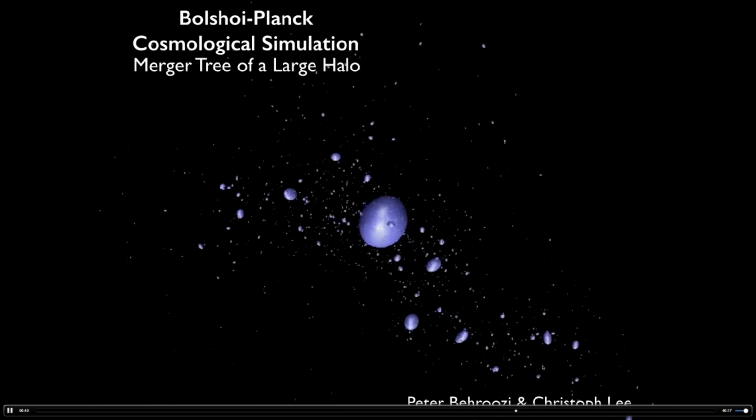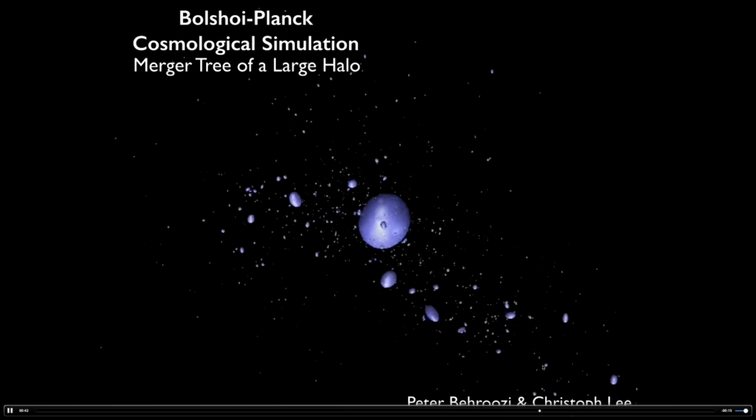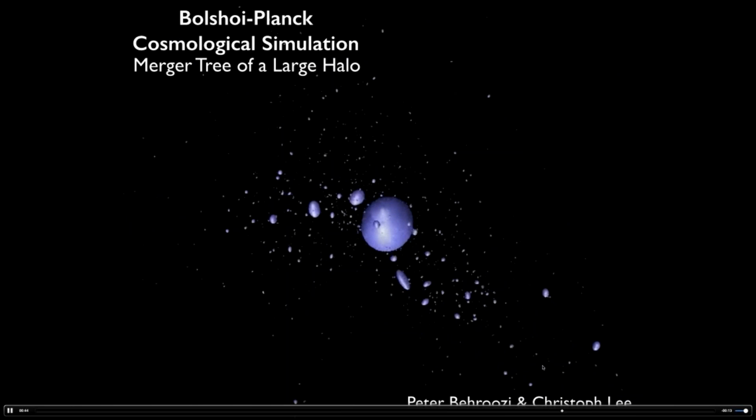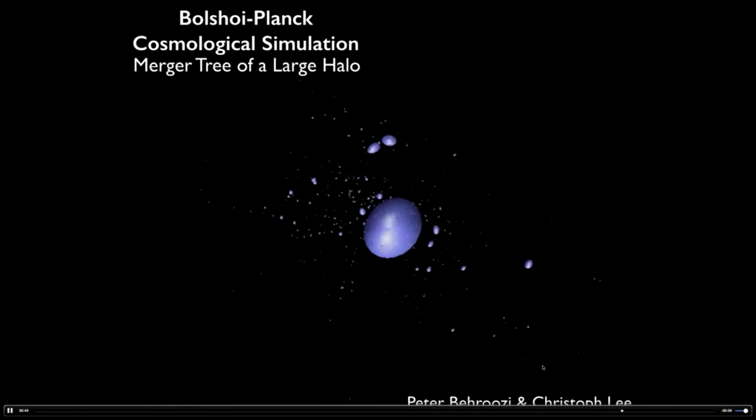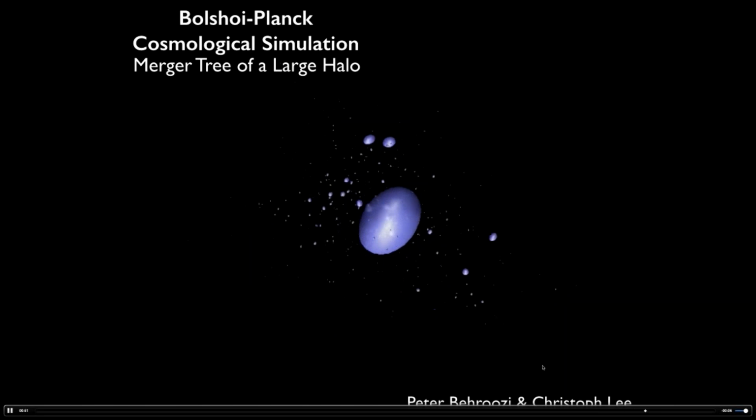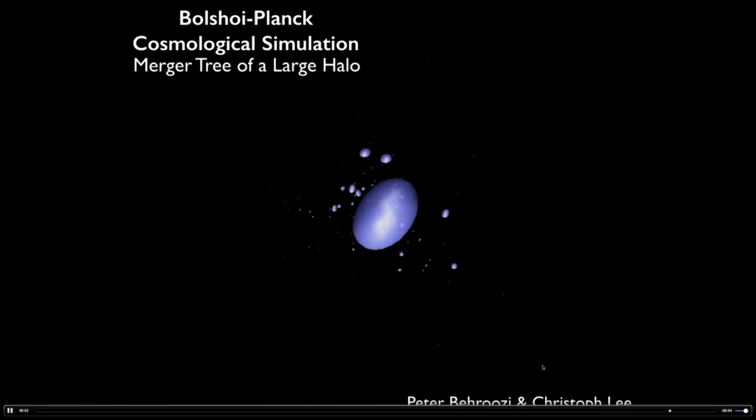And the more massive halos are often quite elongated. We keep track of the halos even after they become subhalos, but we're only showing the halos that are distinct halos, that is, they're not subhalos.